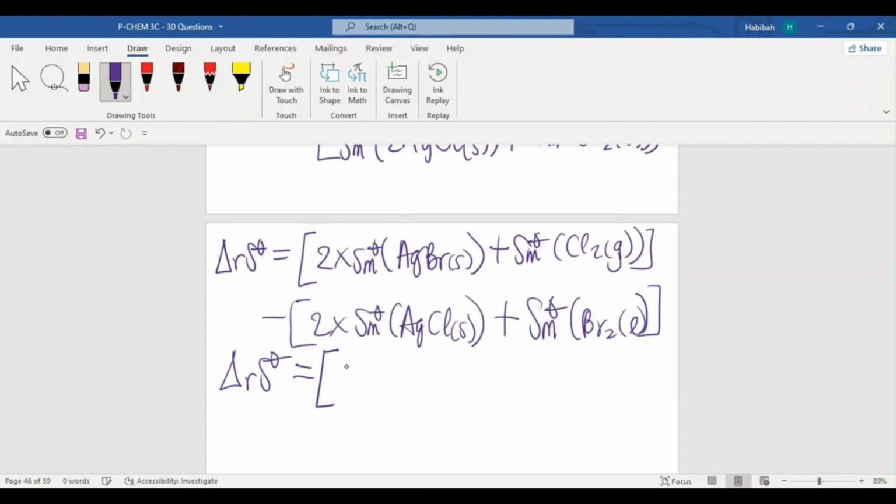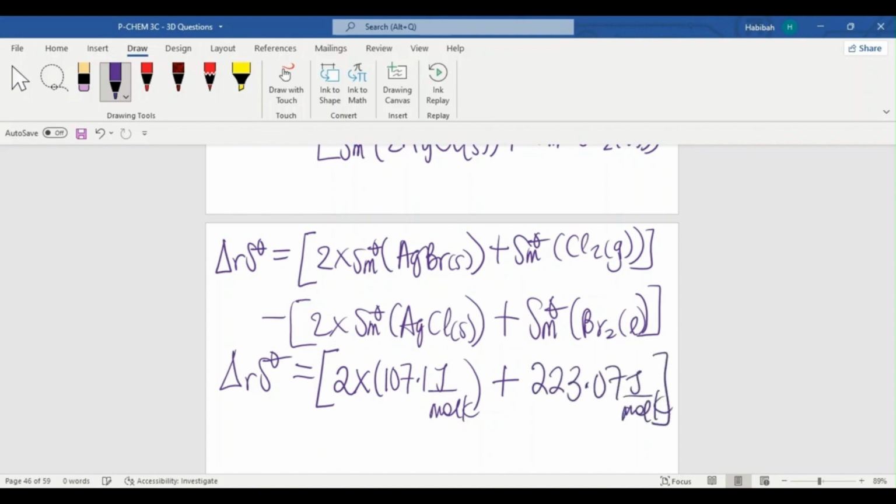Now we can simply substitute. So we have 2 times the molar entropy of AgBr, based on the research section of our textbook that I had written earlier, which is 107.1 joule per mole Kelvin, plus the molar entropy of Cl2 gas, 223.07 joule per mole Kelvin.